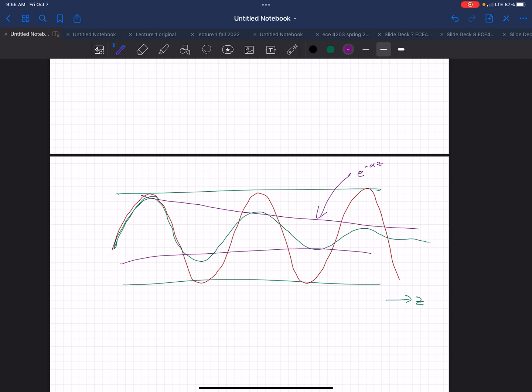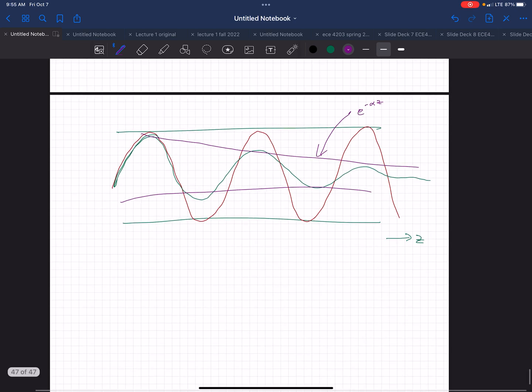But it didn't affect the phase, the added resistances. So again, we have this e to the minus alpha z, so v is proportional to this e to the minus alpha z.